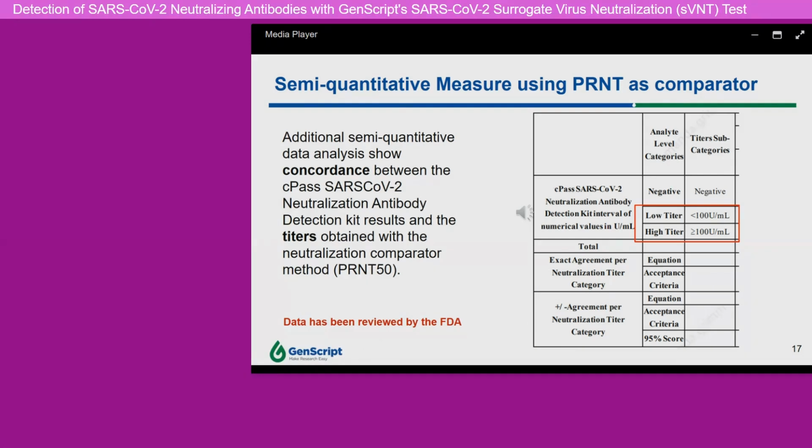We were also able to conduct and include additional analysis showing concordance between CPAS and the titers obtained with PRNT50. You can see here in the red where we have identified high and low titer being above and below 100 units per mL.